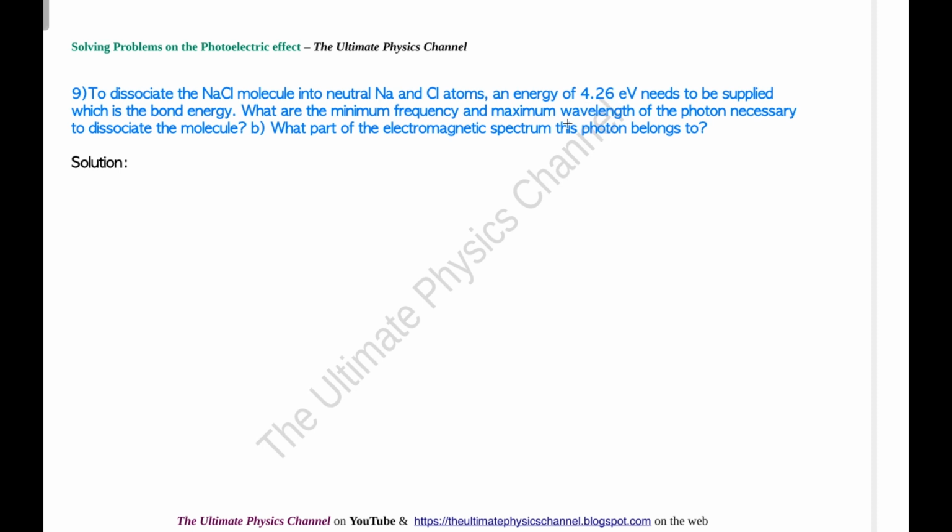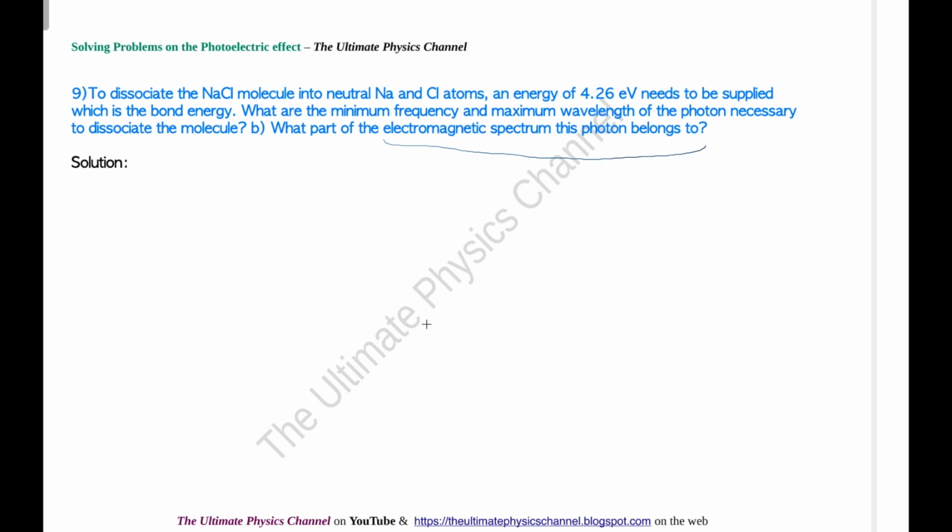You have to supply that much energy to dissociate it into sodium and chlorine atoms. And in order to do that, you need photon energy having a certain minimum frequency and maximum wavelength. What are the values of minimum frequency and maximum wavelength? That is what is asked. And what part of the electromagnetic spectrum would this photon belong to?